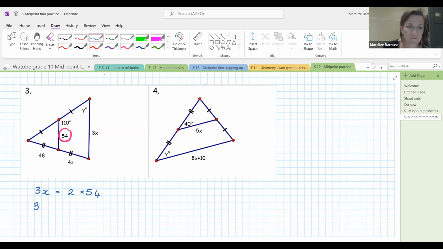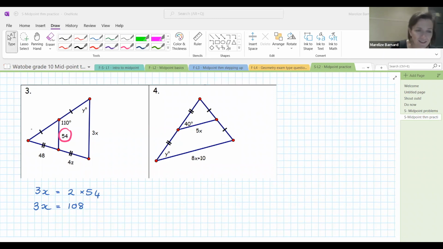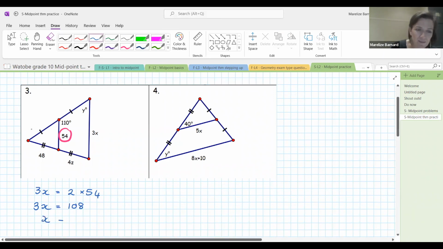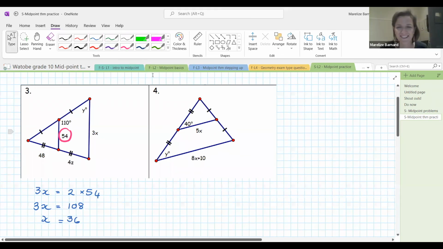That's why. So that gives us 108. And then we divide by 3. No problem, Robin Lee. You and I were both going the wrong way, dividing by 2 instead of timesing by 2. 108 divided by 3. And that is 36. Okay. Gold stars to everyone who got 36.